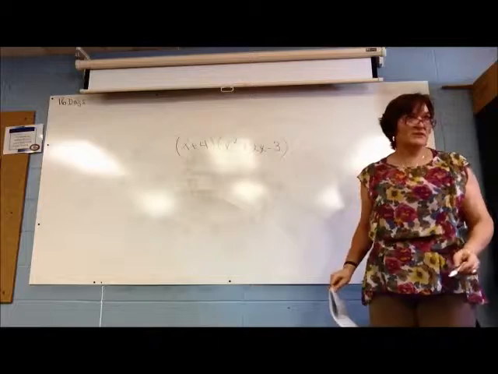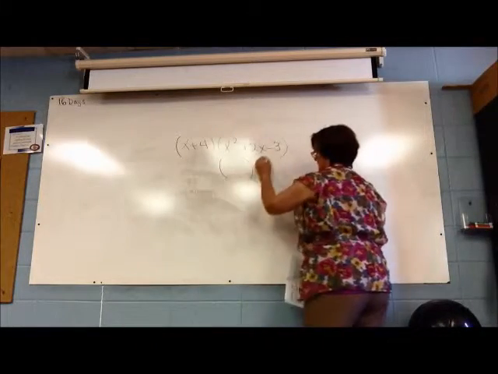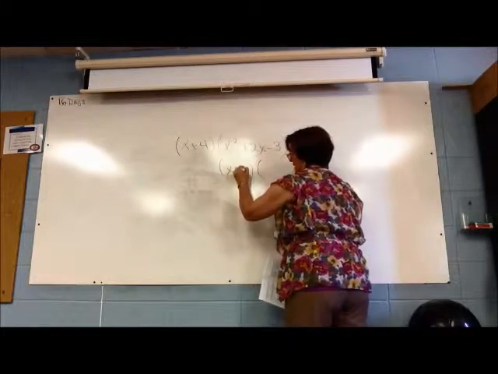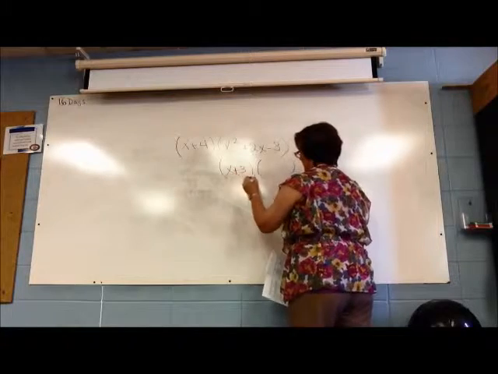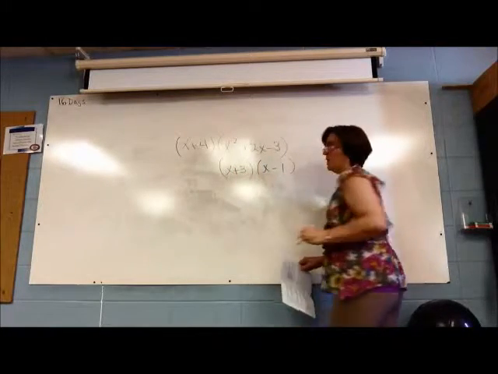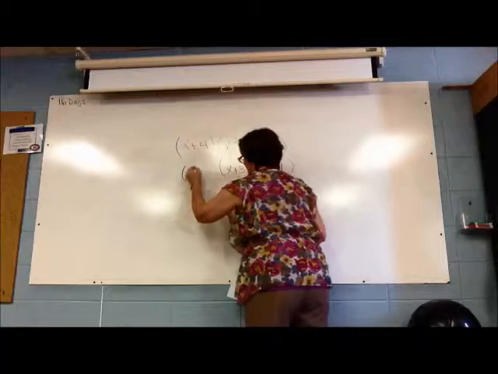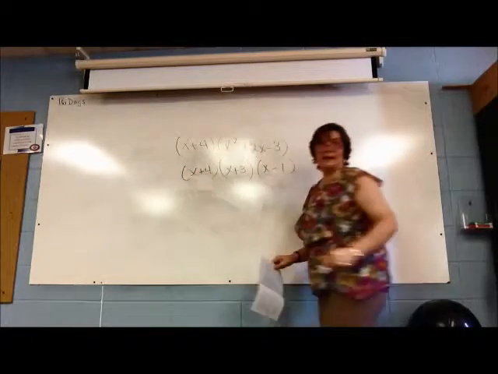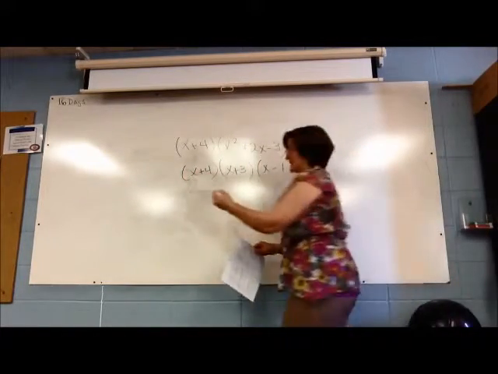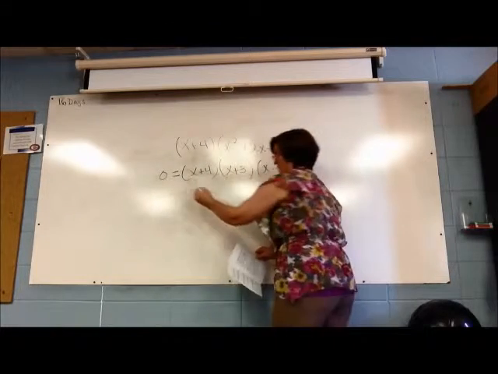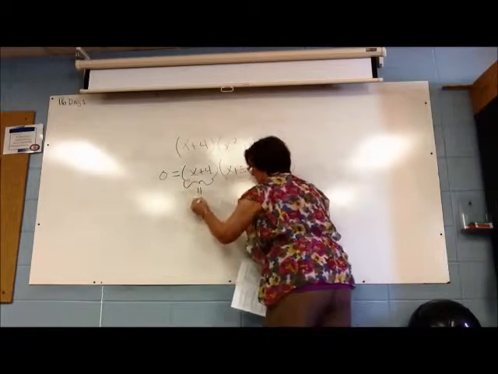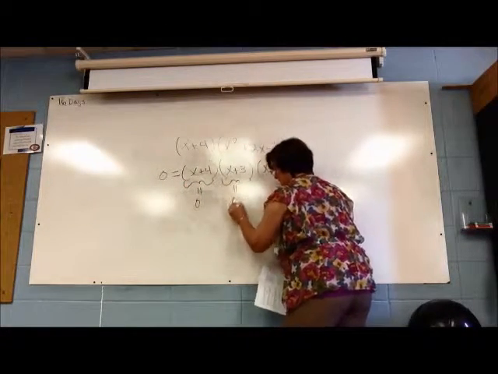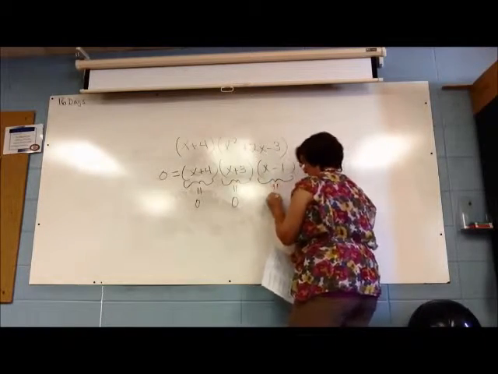So you get x minus 1, x plus 3, x minus 1, all times x plus 4. If we're finding zeros, that means this has to equal 0, and this has to equal 0, and that has to equal 0.